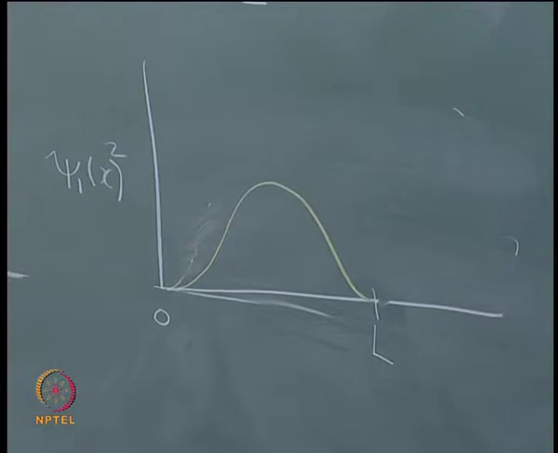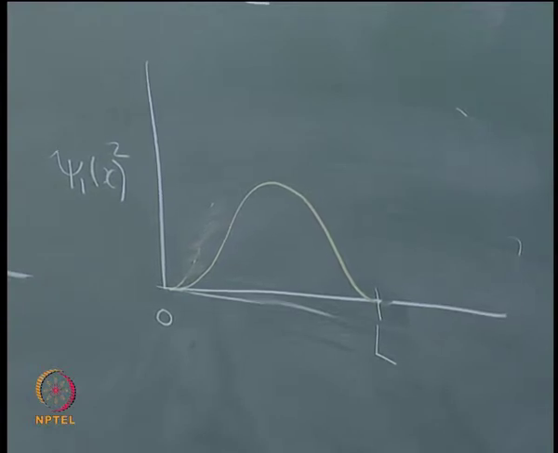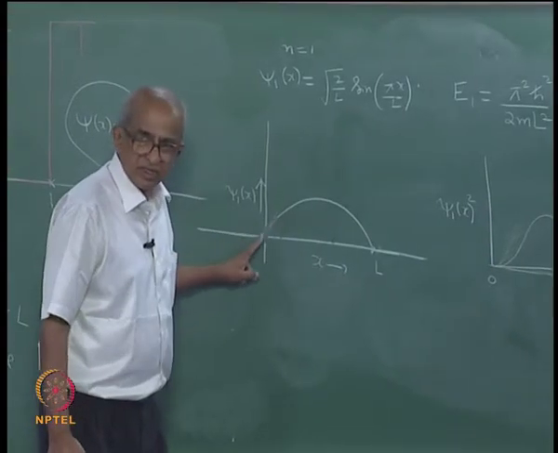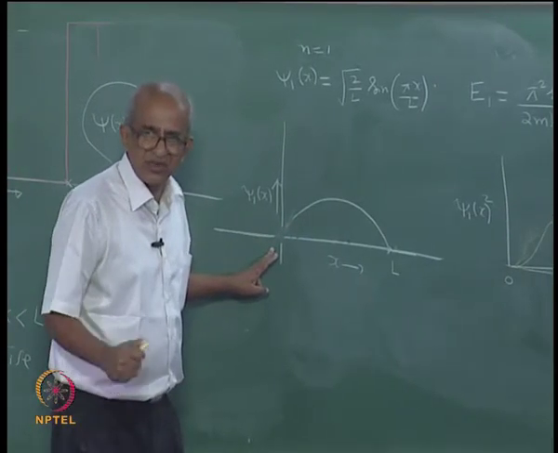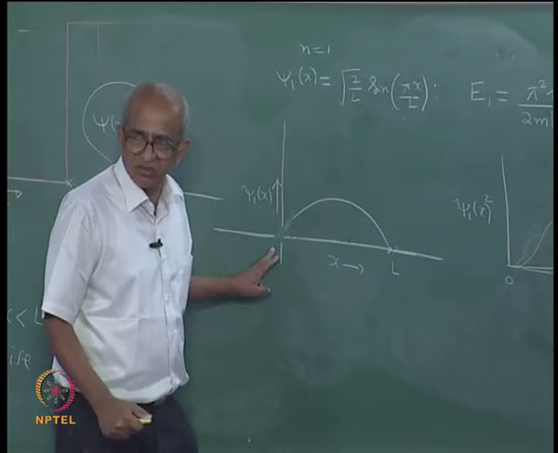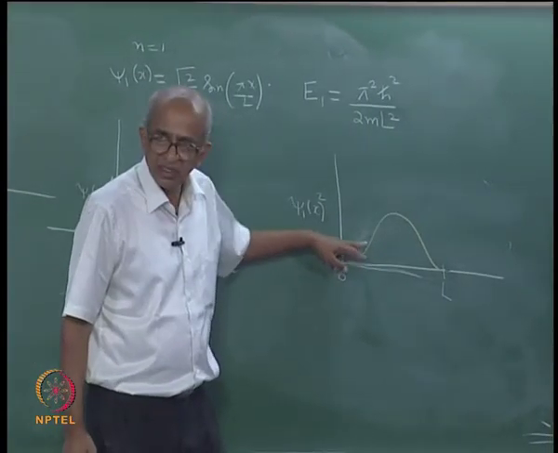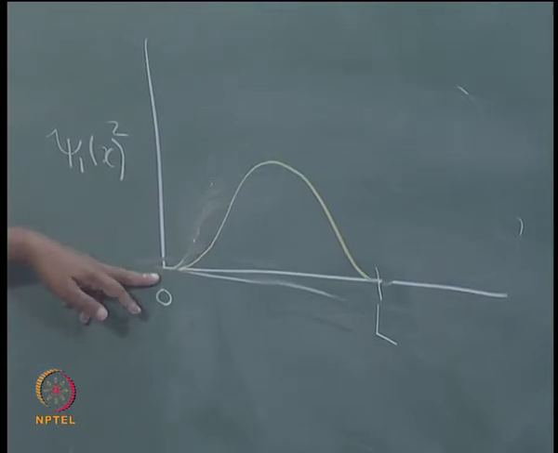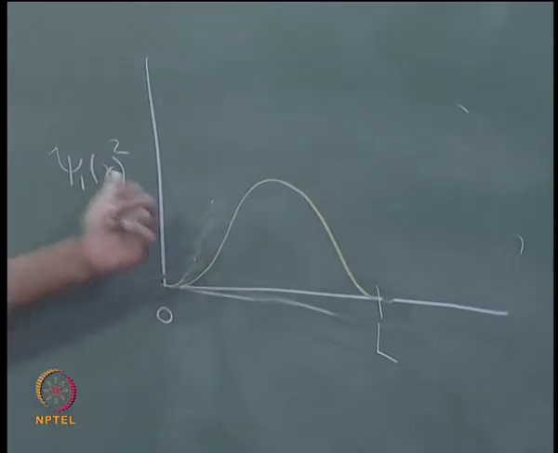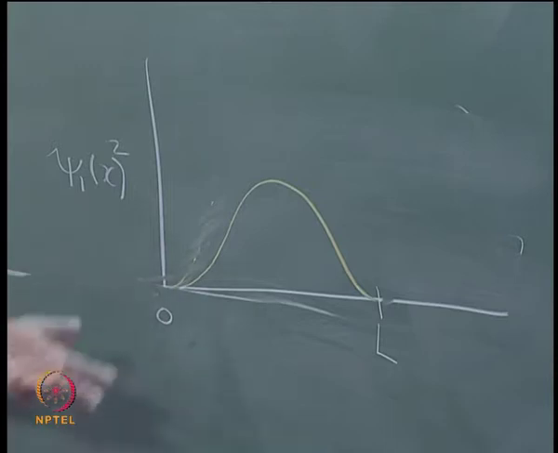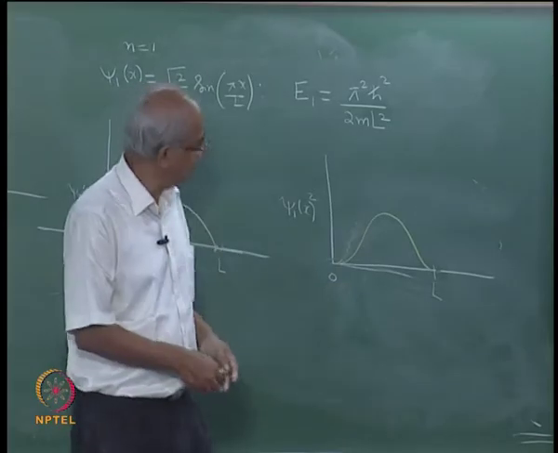What is the difference between this plot and that plot? If you look at the slope of this curve at x equal to 0, the slope is finite, it is non-zero, while the way I have drawn here, this slope has the value 0. That is the difference between the two plots. Otherwise, they look almost the same.